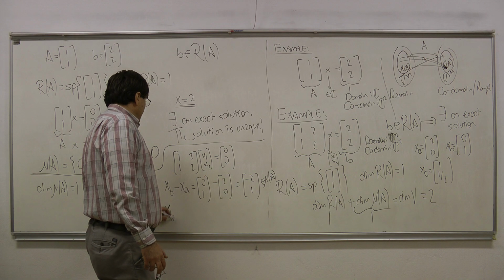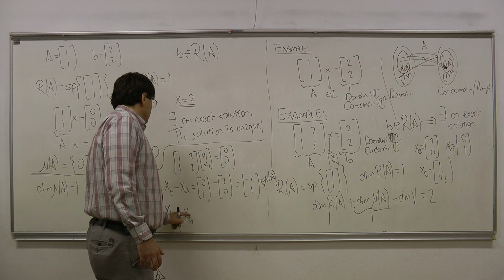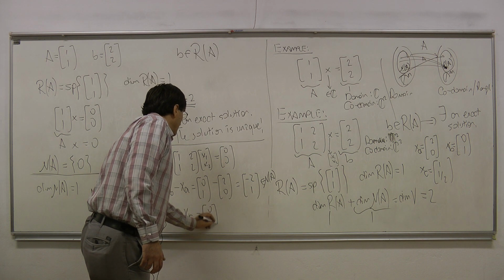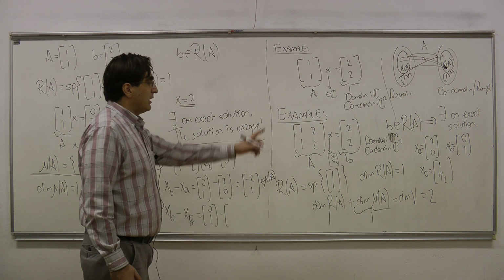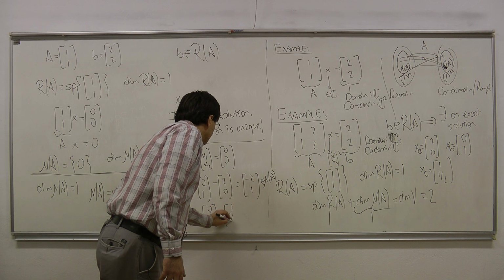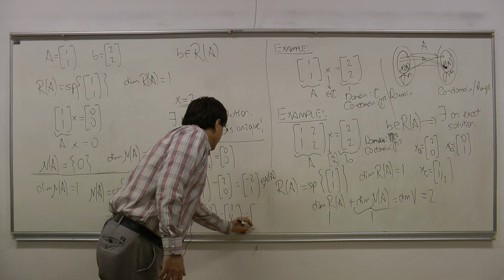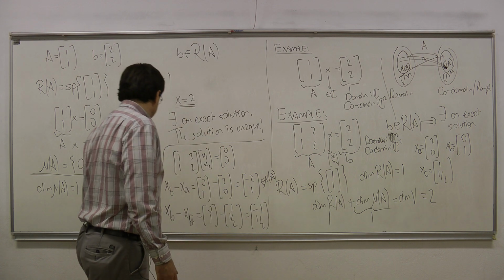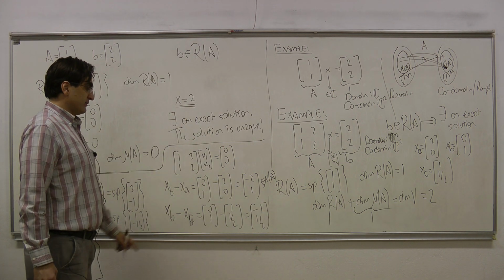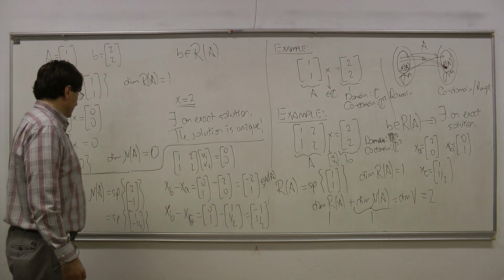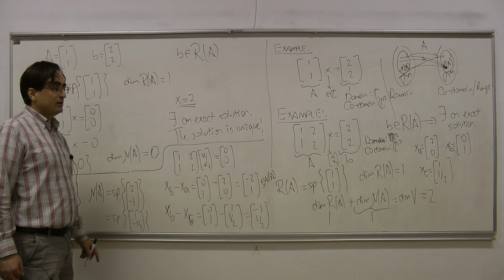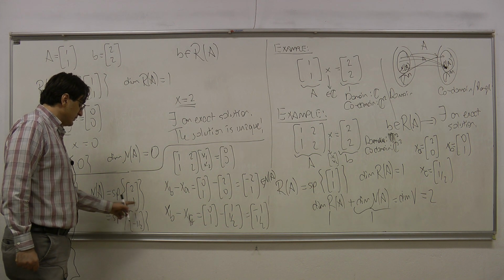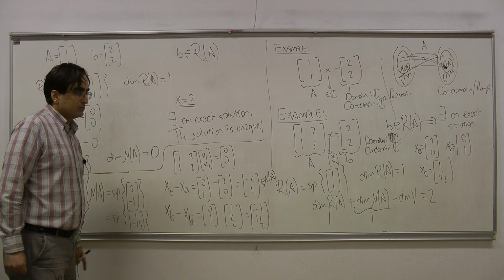Subtract XC from XB. So I have 0, 1 again, minus 1 and 1 over 2. Then it gives me minus 1 and 1 over 2. So do you think this new difference vector is inside the null space of A? The answer is yes. If I multiply this basis vector with minus 1, I get that one again.